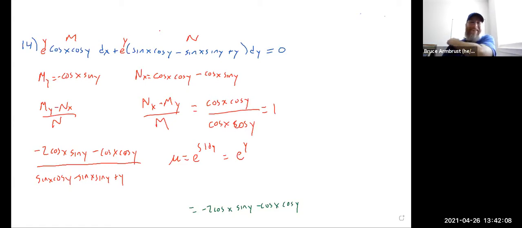All right. So anyway, now that we're here, remember what we have to do. We want to integrate the first piece with respect to x, because we're looking for the function whose gradient is what's given here. So we're going to integrate e to the y cosine of x cosine of y with respect to x.